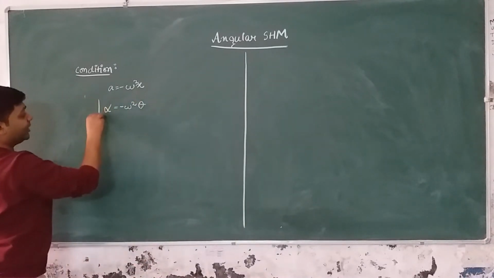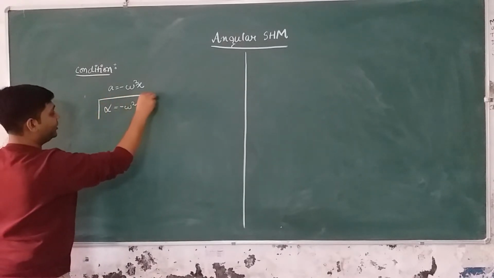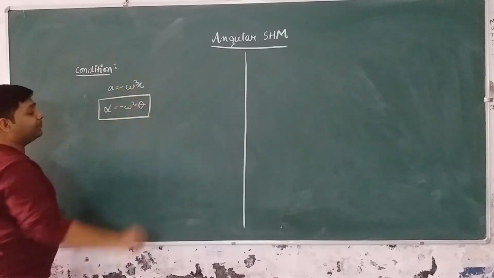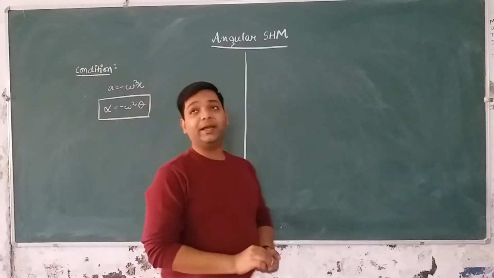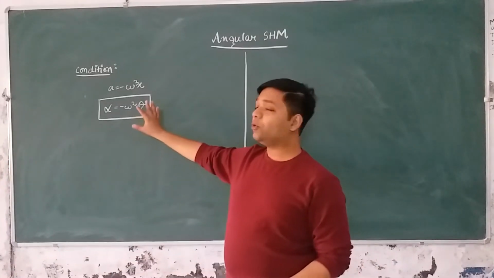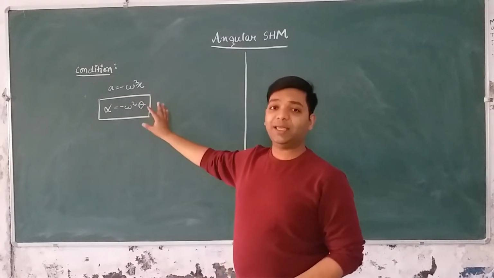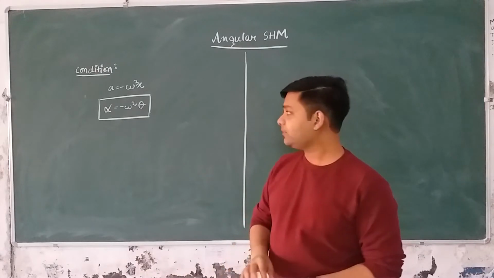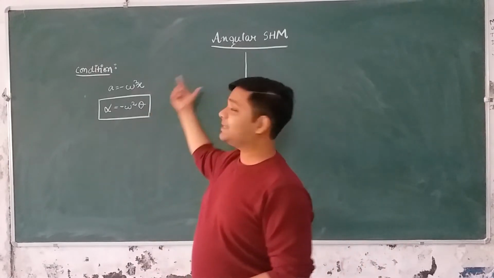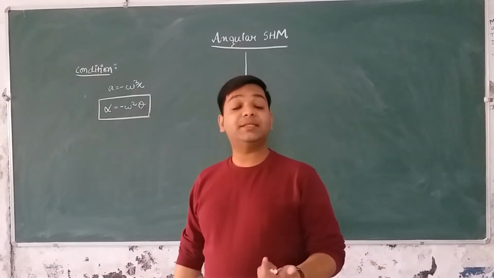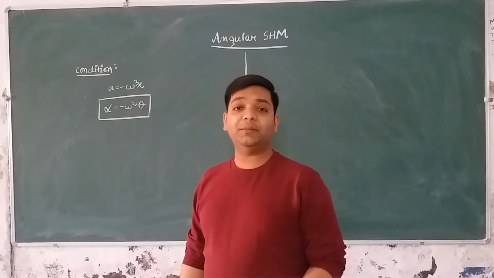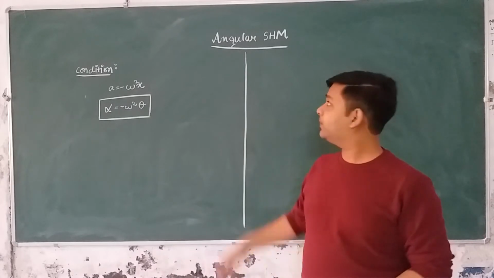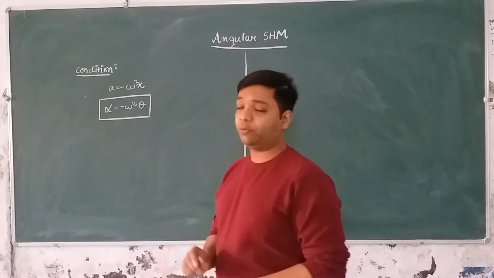So this is your condition for a particle to perform angular simple harmonic motion. If a particle is obeying this condition, only then it will be said to perform angular SHM, otherwise no. So if I ask you what is an example of angular SHM? Simple pendulum. Simple pendulum is a very common example of angular simple harmonic motion.